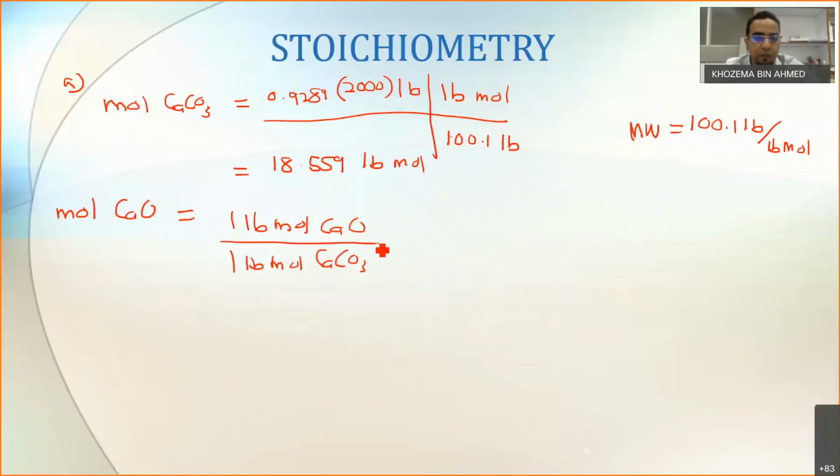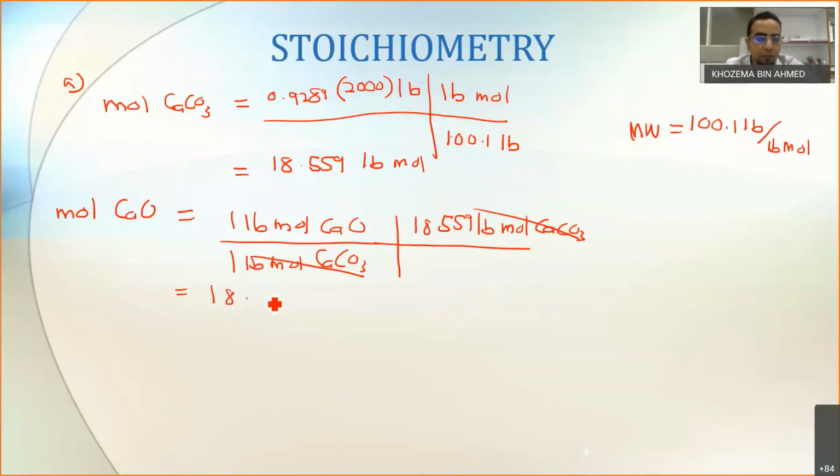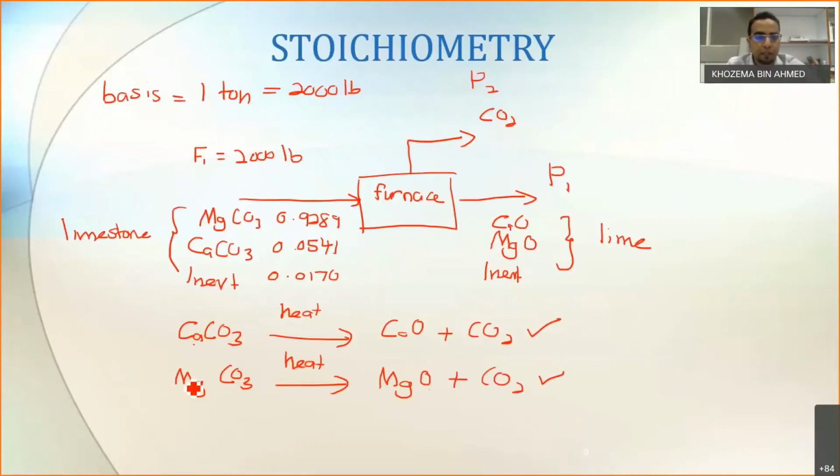This is my stoichiometric ratio. And I already know I have 18.559 pound mole of calcium carbonate. If I do unit cancellation, I can cancel out this unit and this unit. So the amount of mole that I can produce is equal to 18.559 pound mole.